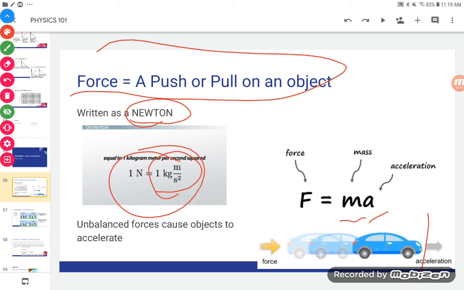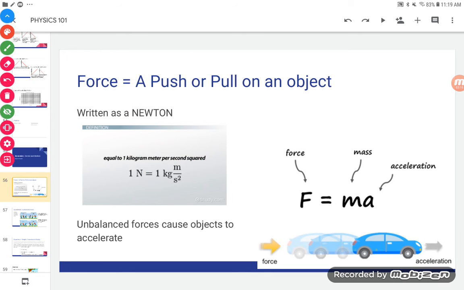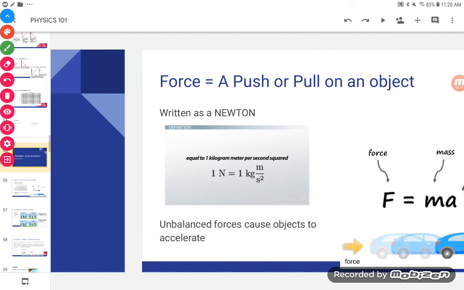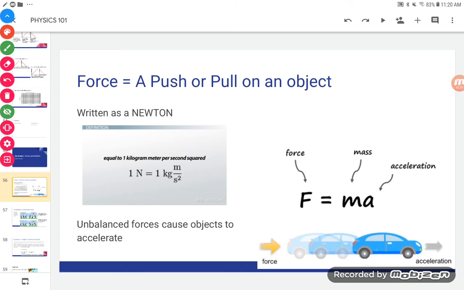So you have your acceleration in there, and you have your mass of the object there. Moving on, another thing to think about is rearranging this formula so you can solve for each part as you go.